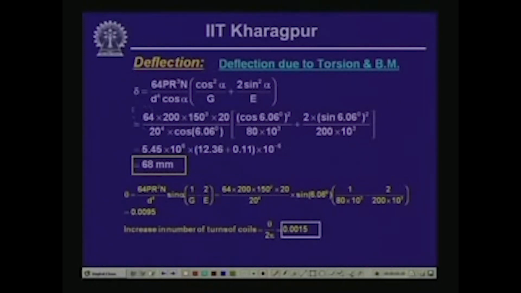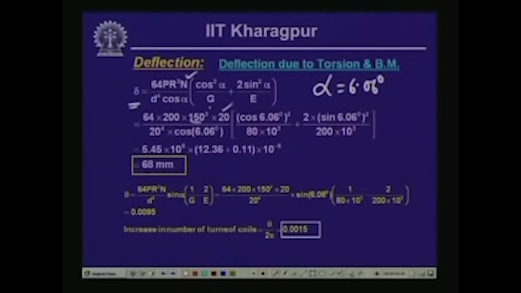Now, as we have seen, the expression for deflection delta is equals to 64 P R cube N by d to the power 4 cos alpha into cos square alpha by G plus 2 sin square alpha by E. And as we have seen, the value of alpha we have computed as 6.06 degree, and other values are given. The number of turns is given as 20, capital R is 150, and the load P is equals to 200 Newton.